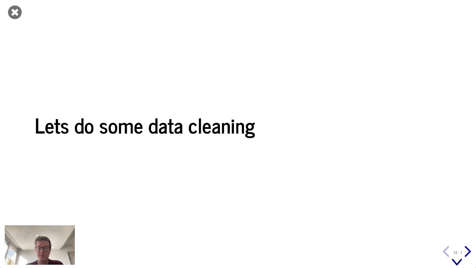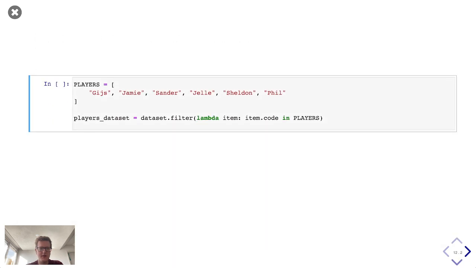Now let's do some data cleaning, because there is a lot of data in it and we only want to look at player data. So we have some players, we just have a list here: Gijs, Jamie, Sander, Jelle, Sheldon and Phil. And we will filter the data set based on those players. In this case the code contains the name of the player.